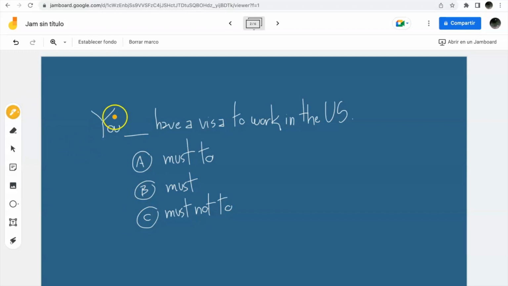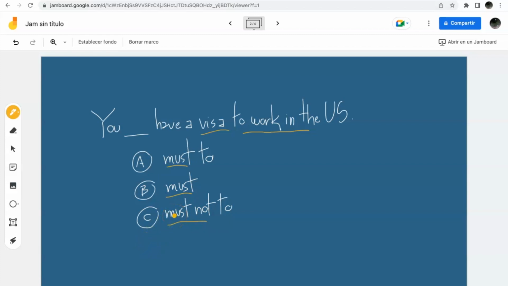So the first one: you, blank space, have a visa to work in the US, right? So what do we have here? A visa to work in the United States, right? So it's an obligation, right? Then we have 3 different alternatives. All of the alternatives go with must: must to, must, or must not to.